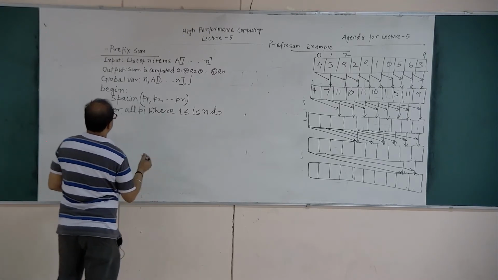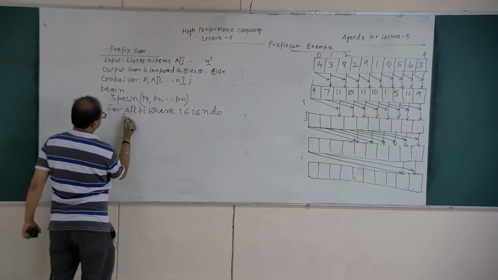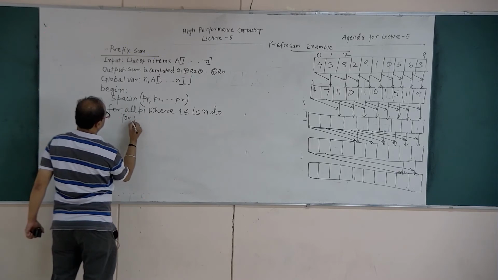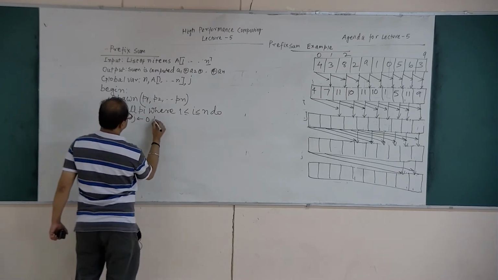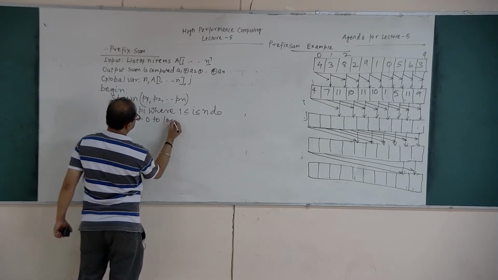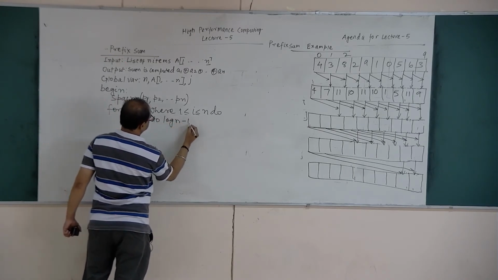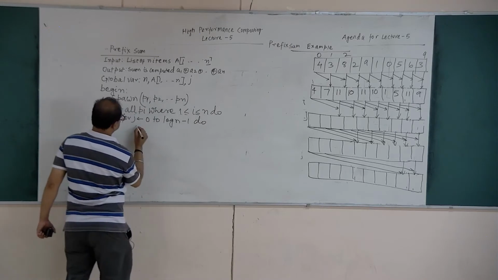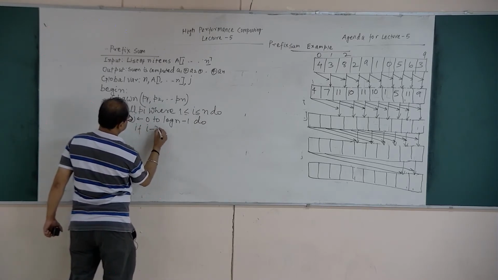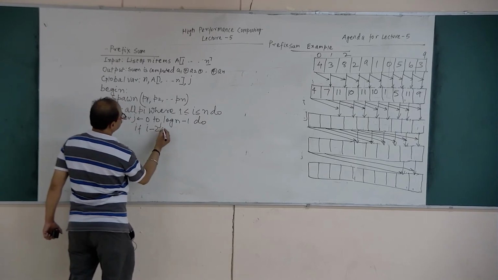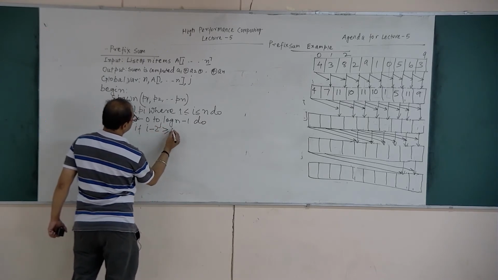So moving on, next we use n minus 2 processors.